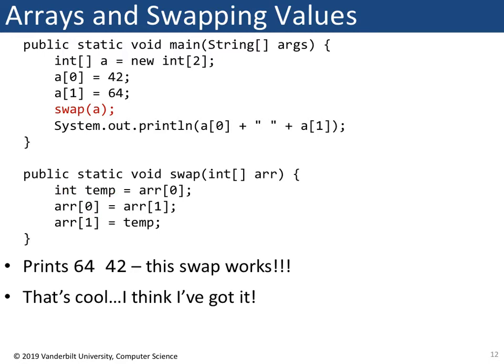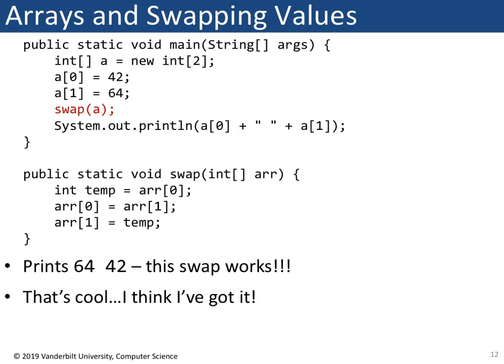So we declare our temp variable, assign it the value stored in element 0, and then we assign element 0 the value stored in element 1, and then we assign element 1 the value stored in temp, which is the value which was originally stored in element 0. So in this way, we have swapped 0 and 1. We've swapped the value that was stored in element 0 into element 1, and we've swapped the value from element 1 into element 0. Notice there's no return type, it's void, so we're not returning anything.